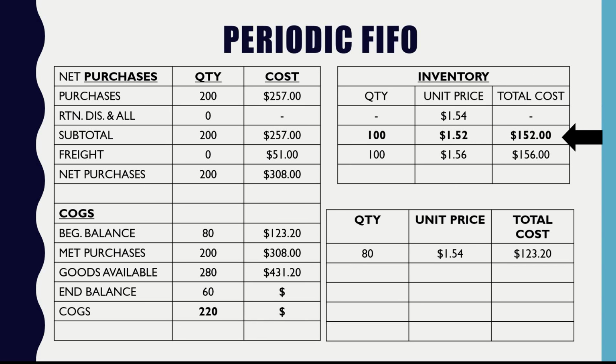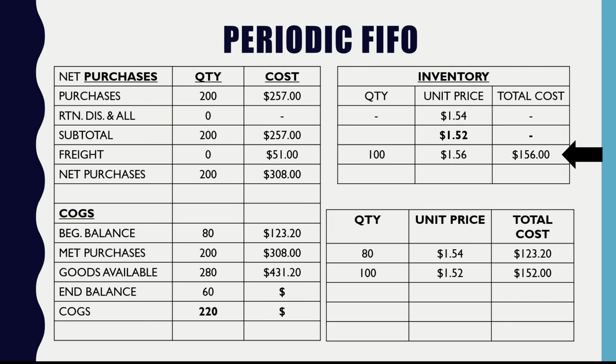Okay, so here I only sold 80 items. I need to get a total of 220. So I need to keep going through my batches. The next batch I'm going to get rid of is my full 100 items at 152. Now, once I've calculated this and know what it's going to cost me in total, I've only sold a total of 180 items.